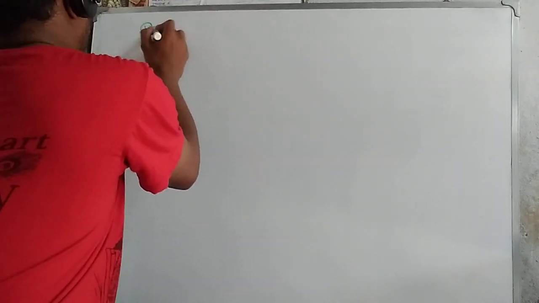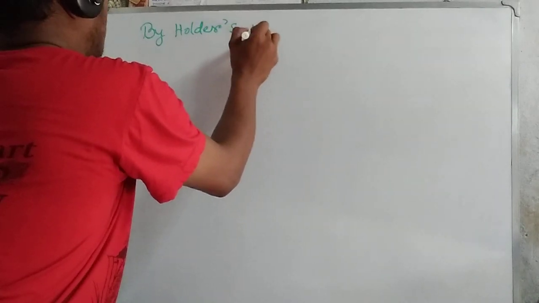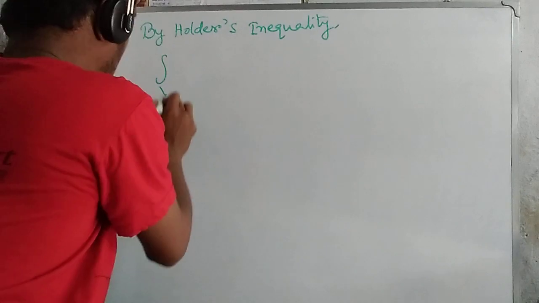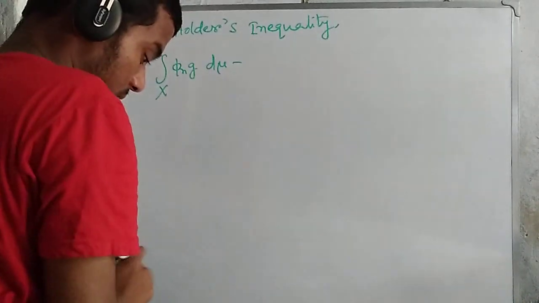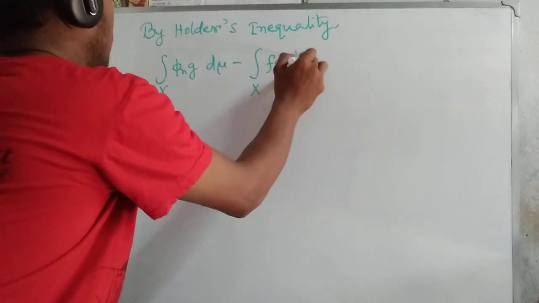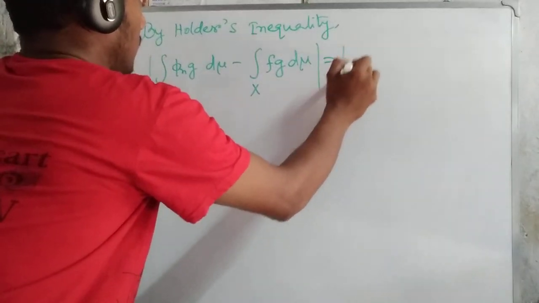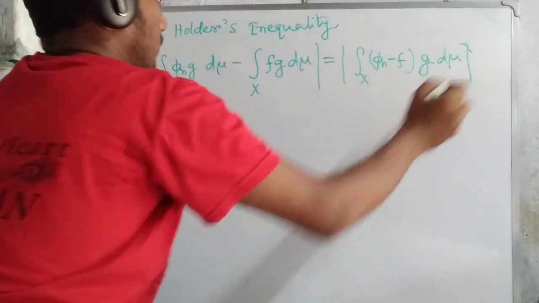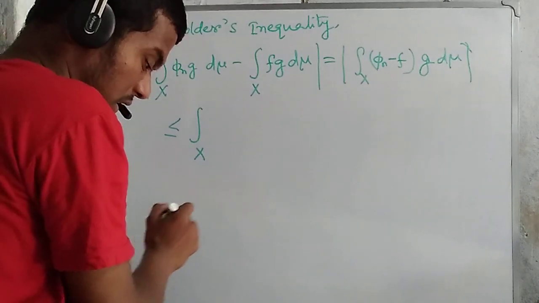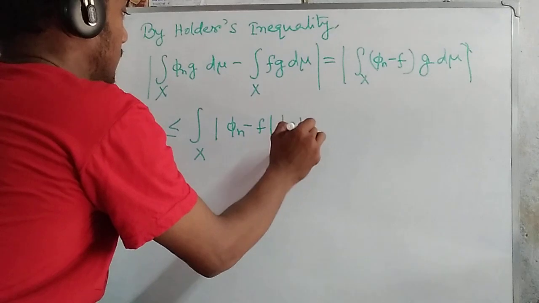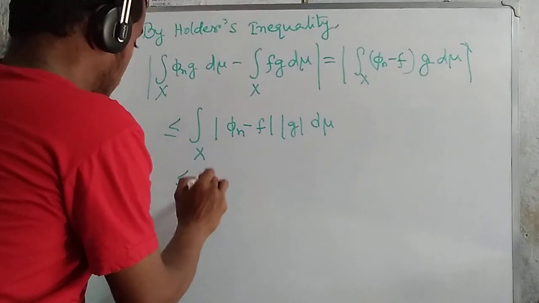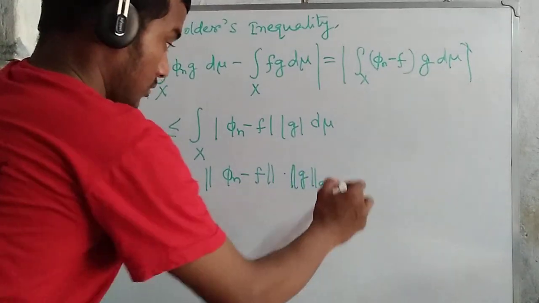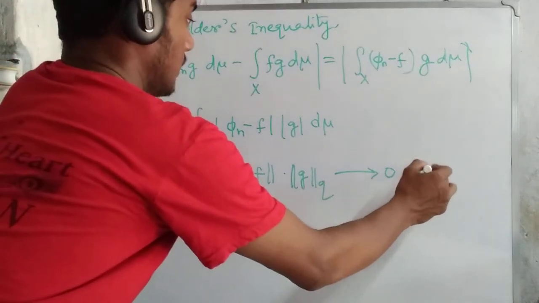By Holder's inequality, the integration over X of phi_n g d mu minus the integration over X of f g d mu equal to the integration over X of (phi_n minus f) g d mu, less than or equal to the integration of |phi_n minus f| |g| d mu, less than or equal to the norm of phi_n minus f in p times the norm of g in q, which converges to 0 as n tending to infinity.